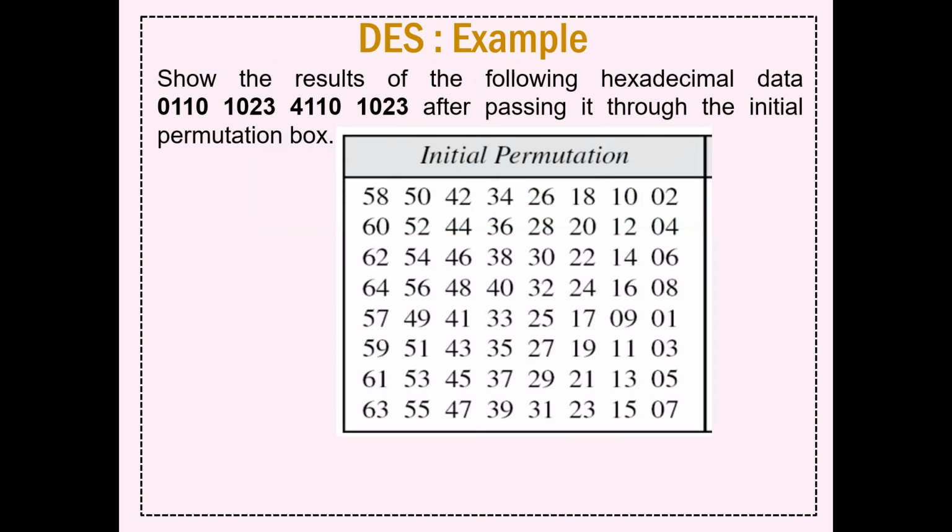Because based on this, we have the second question, which I think will take a little bit of time. The question is: show the result of the following hexadecimal data after passing it through the initial permutation box. The initial permutation box is provided to you. Look at it carefully.